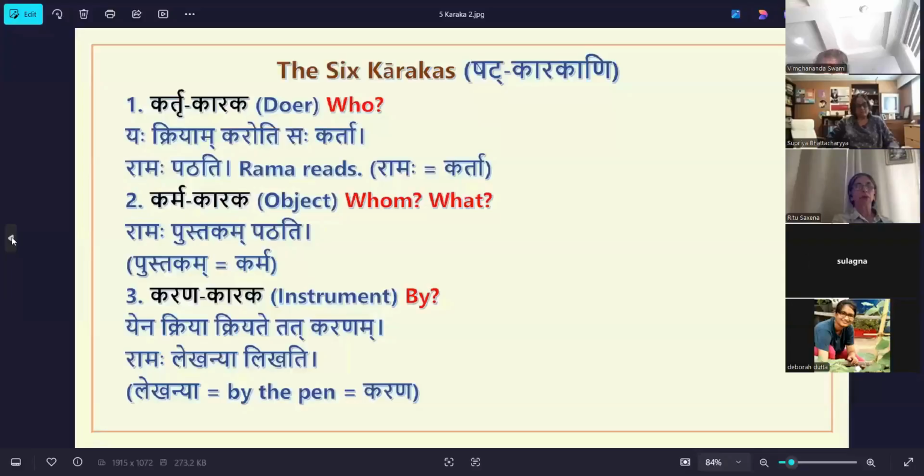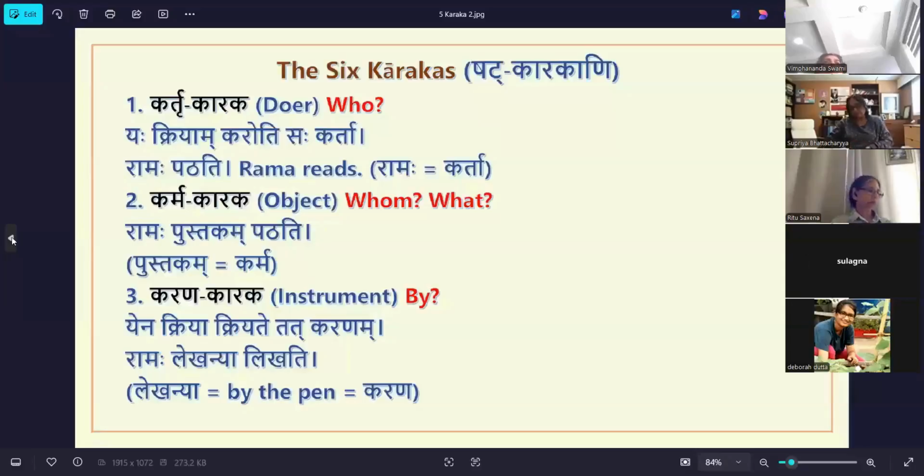In Tritiya it becomes lekhanya. We have not gone to that actually. We are just with akarant now. When we go to that, it will be like that. Rama lekhanya likhati means Rama writes by the pen, with the pen. So pen is the karana.